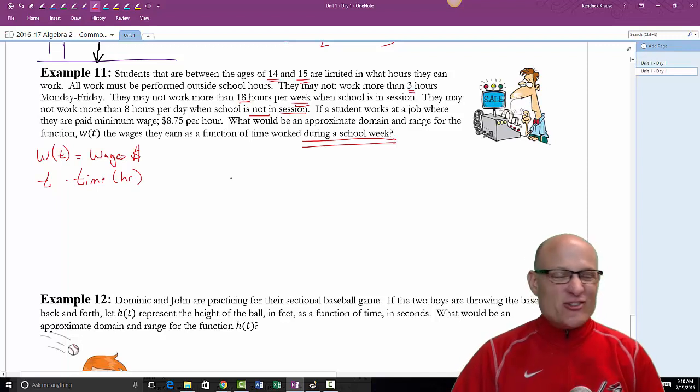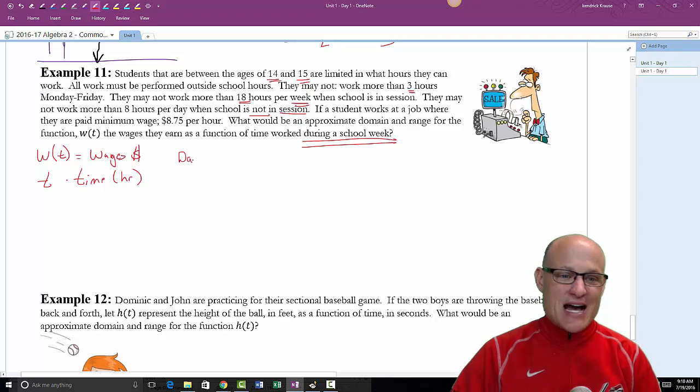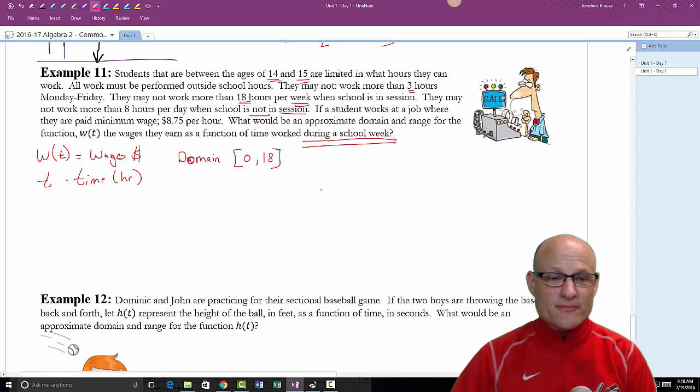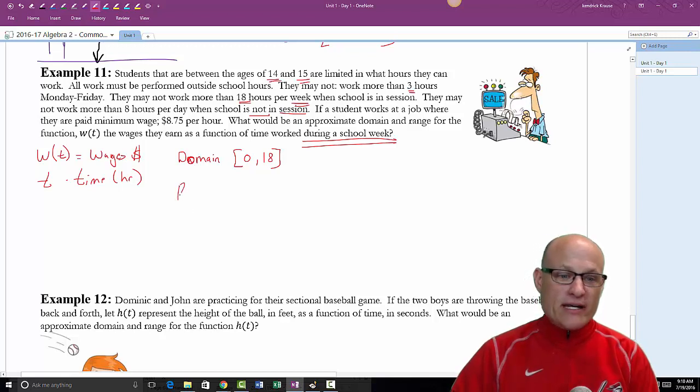So because it's during the work week, my domain, which is my time domain, is going to be between 0 and 18 hours. The most I can work is 18 hours. My range is going to be, well, if I don't work any hours, I don't make any money.